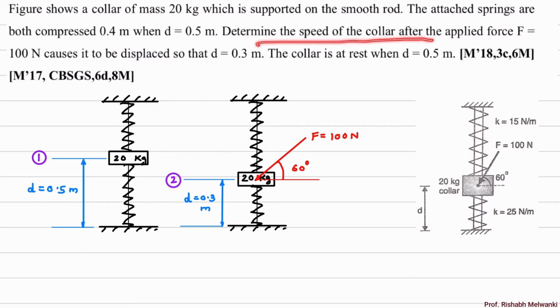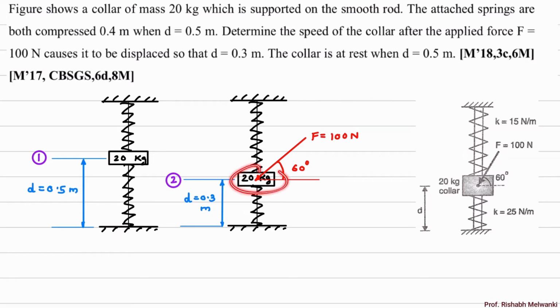Determine the speed of collar after the applied force F equal to 100 Newton causes it to be displaced so that D is equal to 0.3 meter. So D is, in second figure you can see I have shown D is equal to 0.3 meter. So we have to determine the speed of the collar. Okay, so this is position 1 and this is position 2.